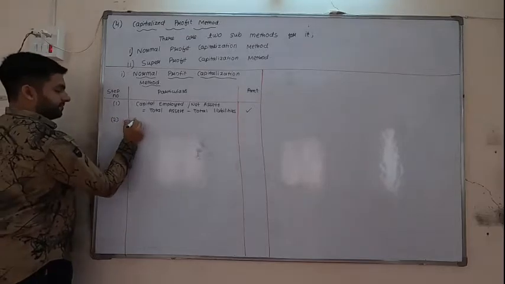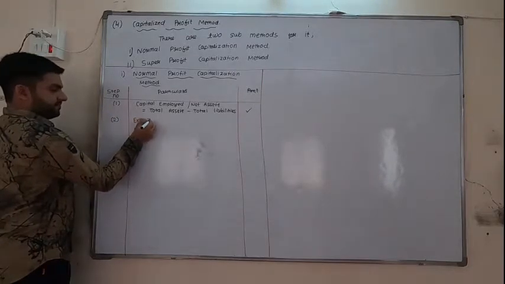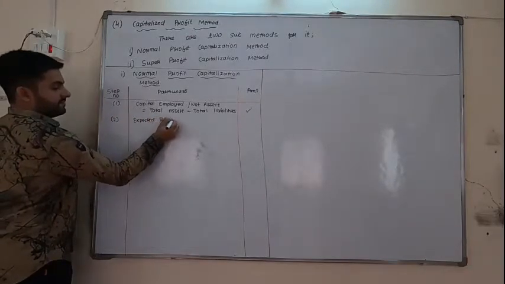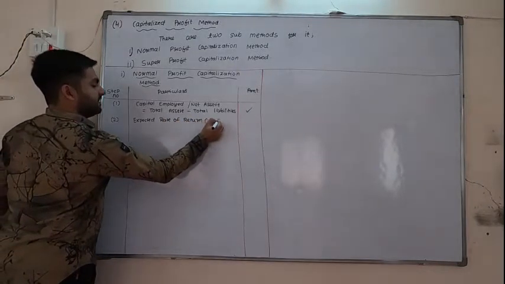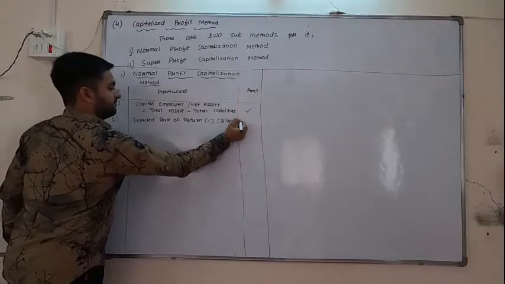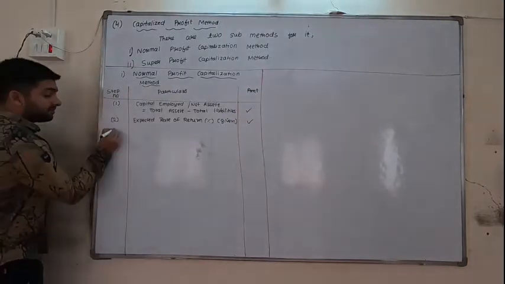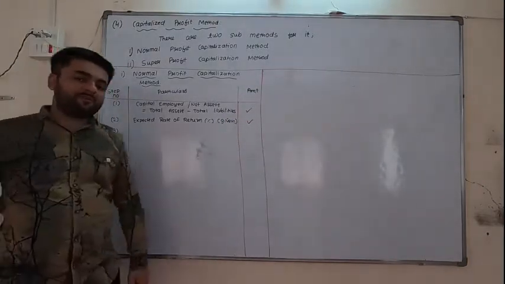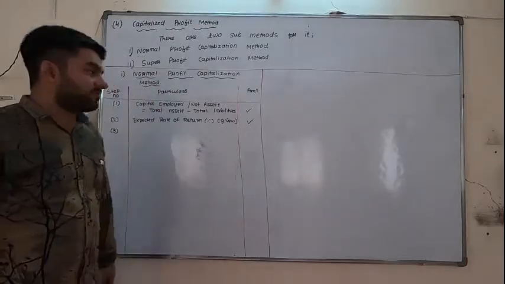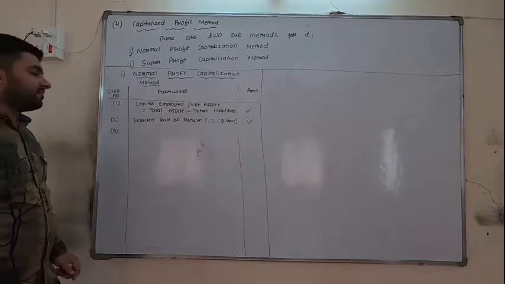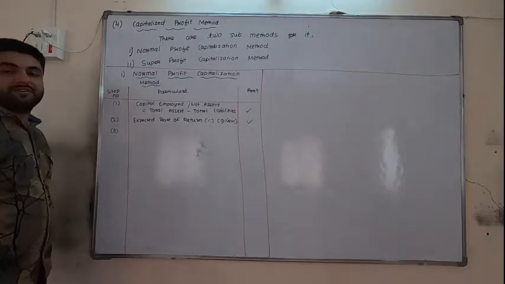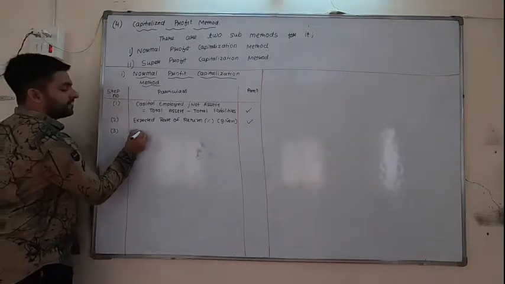Second step, expected rate of return in percentage, and it will be given. Now the third step is not expected profit. You must know that in the super profit method, the third step is expected profit, calculated from capital employed and expected rate of return. You don't have to calculate expected profit now.